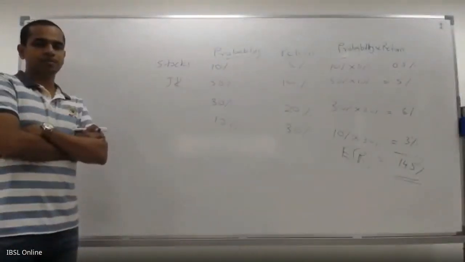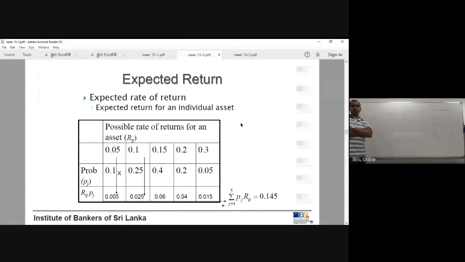Can you try the next table? The table that is given. The answer is also given, but try it on your own. On the probability and the expected returns. The returns are different, but the calculation is the same.